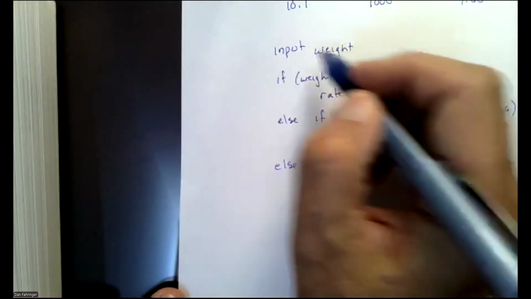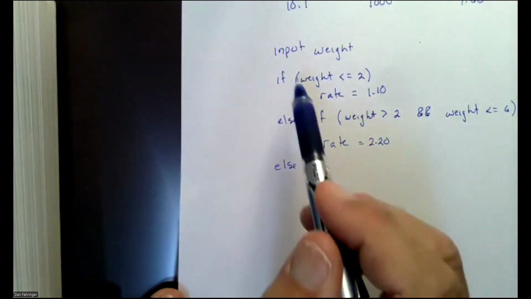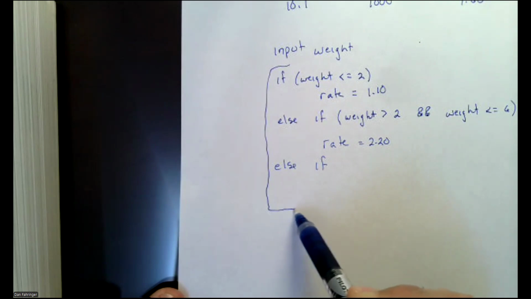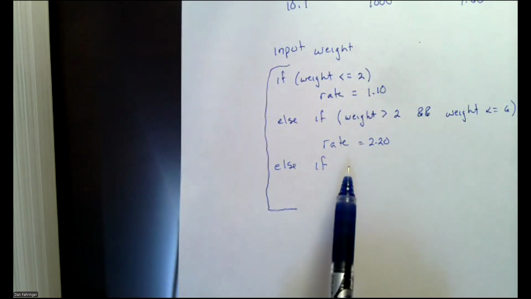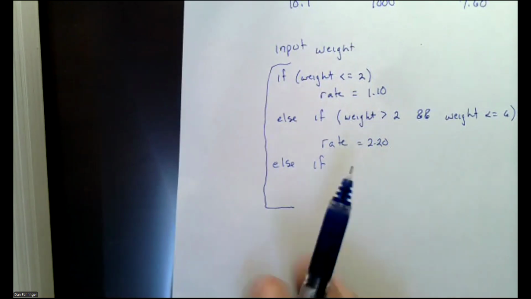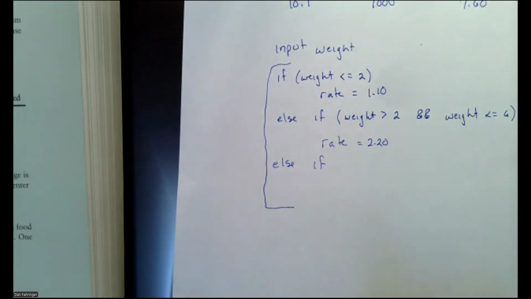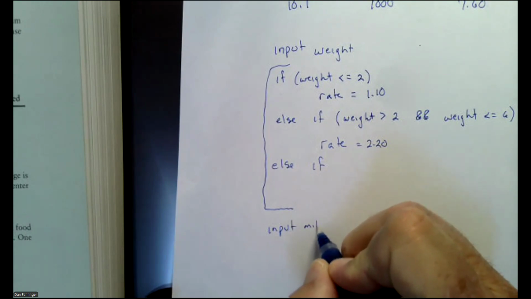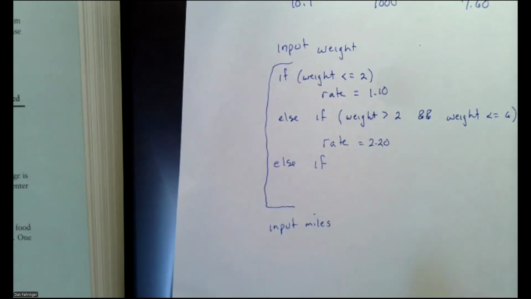Okay. So after all of this, I got to input weight. Good. I have this block of code, and now I have a rate coming out of here. Now I need this multiplier. So I'm going to input miles. And then depending on what miles does, I'm going to multiply that by the rate. So let's see.